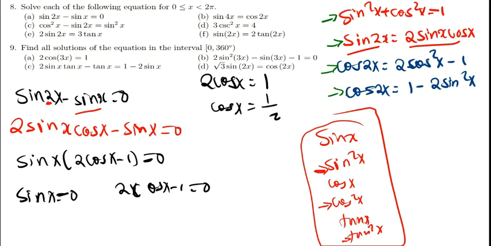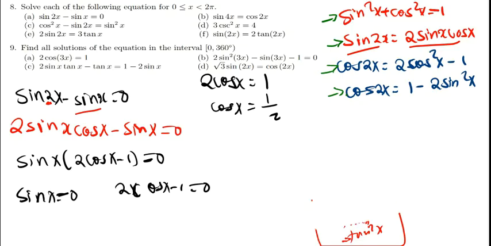So I'll start with this. Sine x is equal to 0. Using the table I gave you last time, that should be 0 degrees. So x will be equal to 0 degrees. Now, the question is, are we going to consider 0 to be positive or negative?